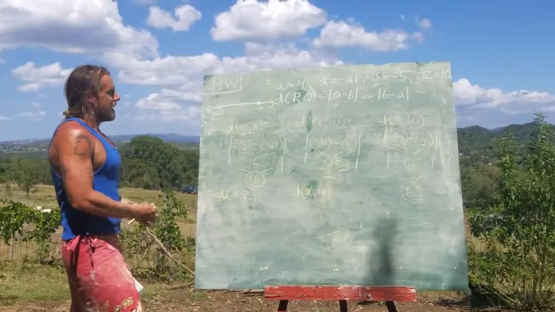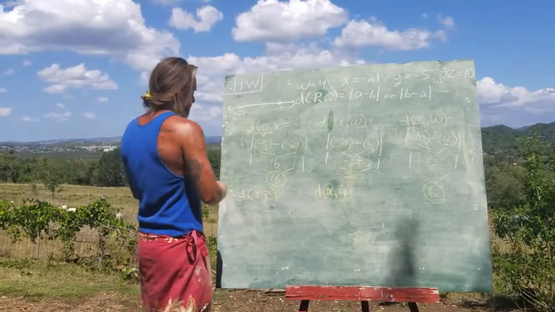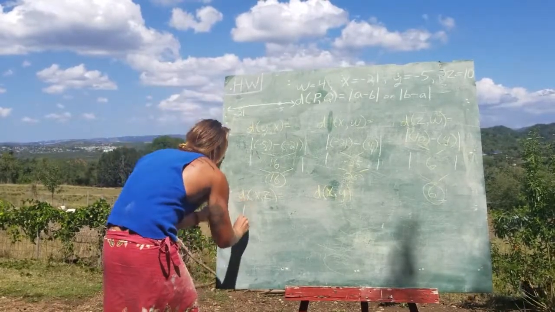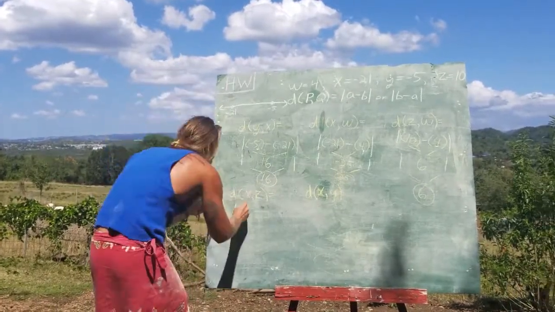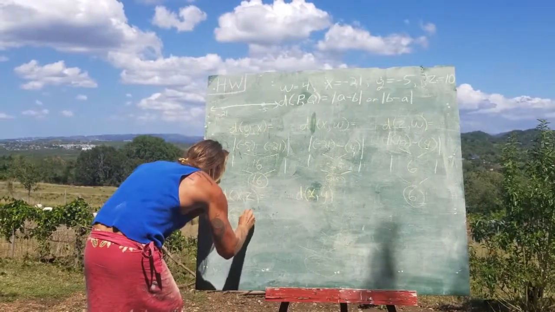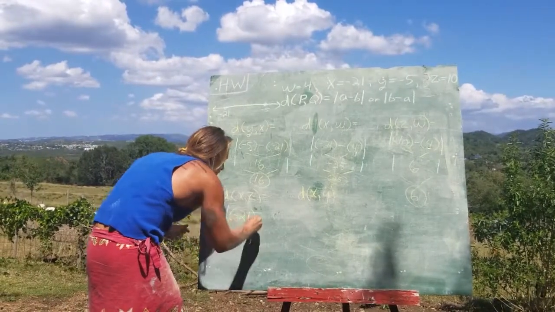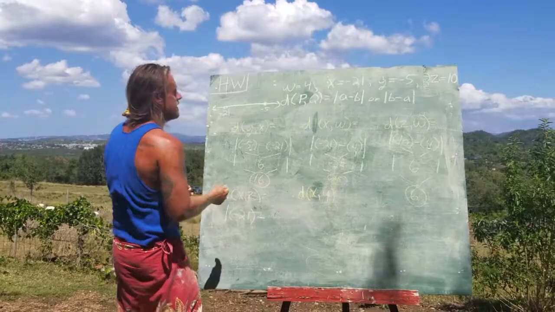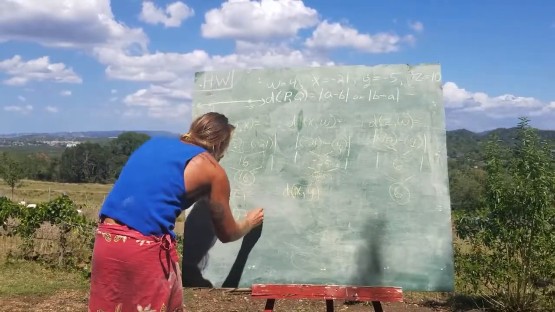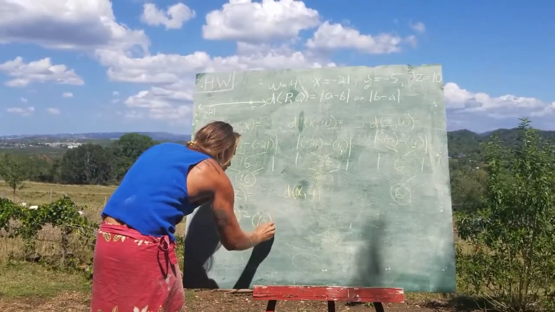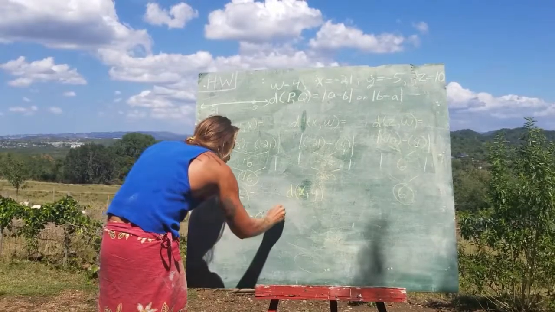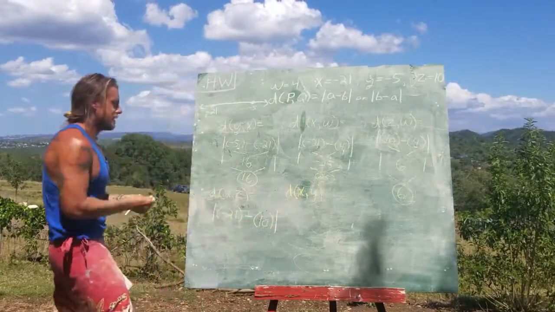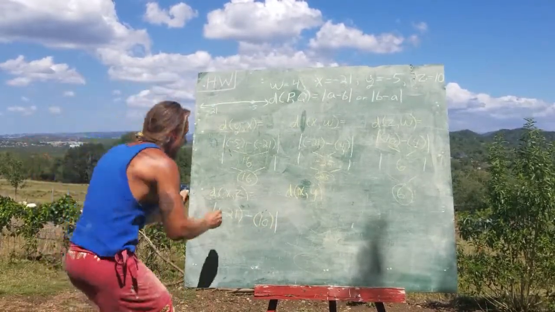All right, how about x and z? So we have x is -21 minus z is 10. All right, so -21 minus 10 will be -31.